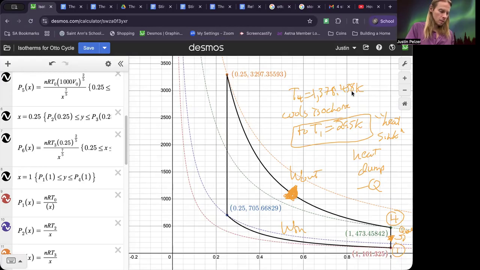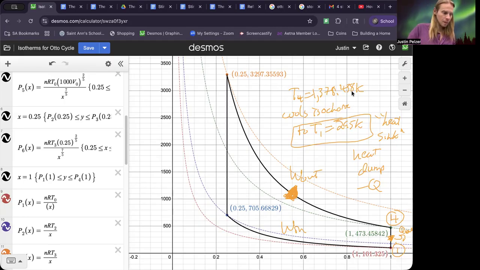What we end up getting, sorry, I need to recalculate real quick. We get 5 halves nR delta T. So I do 5 halves times 0.04133, times 8.31, times delta T, 1378.438 minus 295.